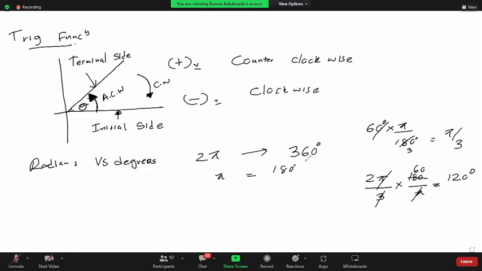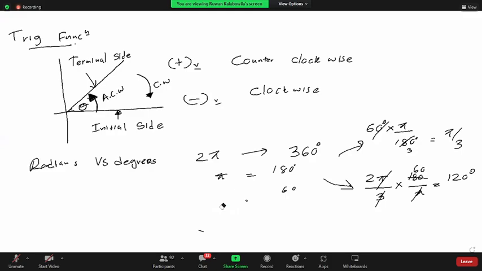So we are doing the conversion here. If π is equal to 180, then what is the value, for example, in this case 60? Then π divided by 180 and multiplied by 60. Or you can memorize this in this way.